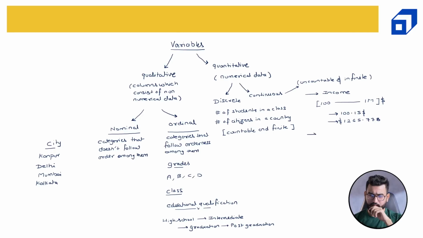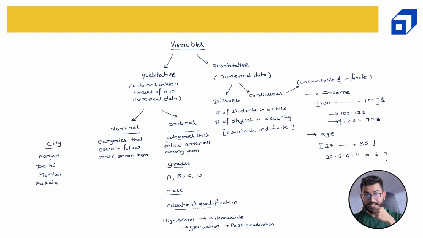Similarly, we have age. Now let's say our minimum age is 27, maximum age is 35. Can I have a person with the age 27 years, 5 months, 6 days, 4 hours, 5 seconds, 6 milliseconds, 7 nanoseconds? Yes, practically possible.